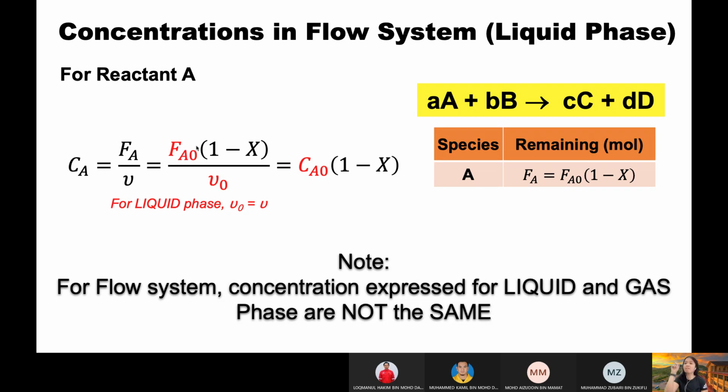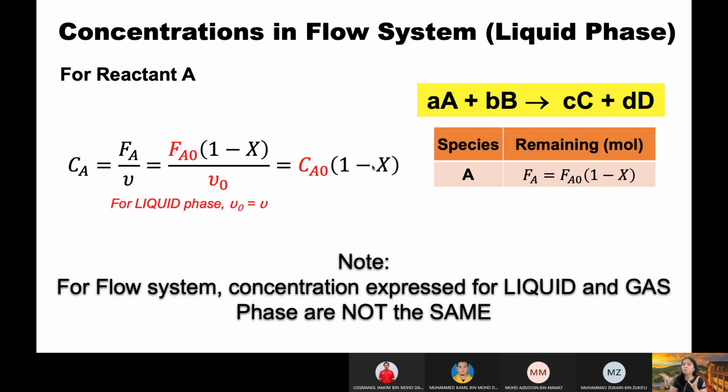Okay, then why we do this? Because when I have FA naught at the top, I have epsilon naught at the bottom. This can be divided. It becomes CA naught. So sekarang saya dah dapat CA, the outlet concentration in the form of initial concentration of A dalam bracket the 1 minus X tu masih ada.